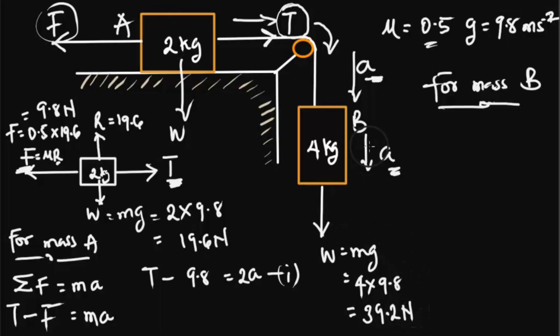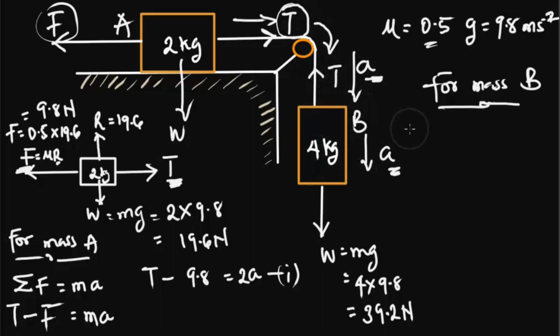Now, given that this block is going downwards, there is also going to be a force in the opposite direction, and that is the tension in the string, which is going to oppose the motion of the 4 kg block. So our tension in the string is acting upwards.